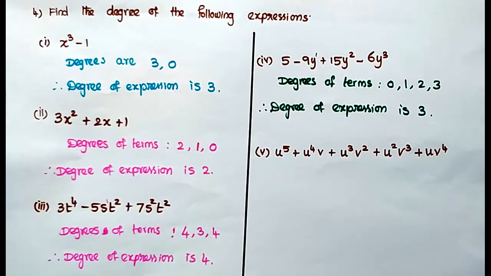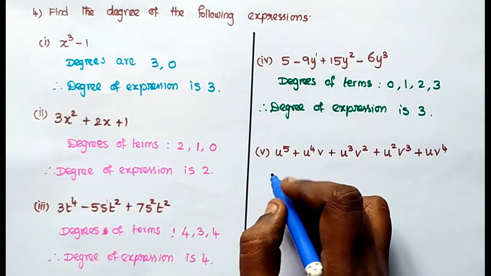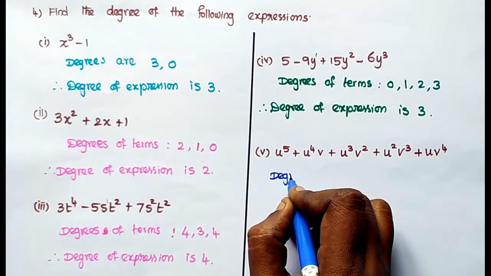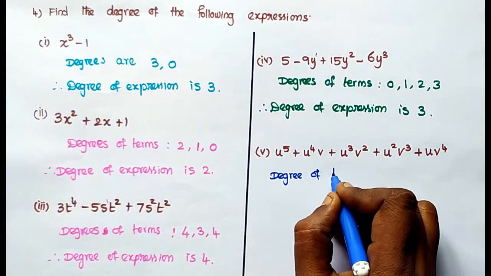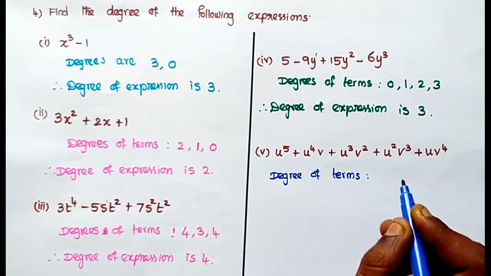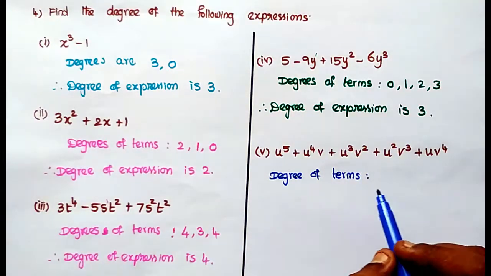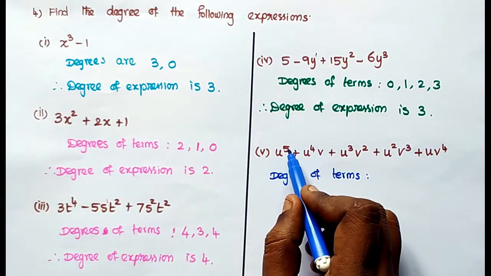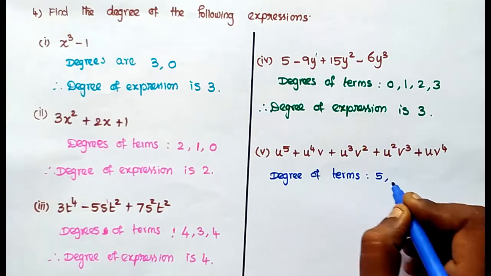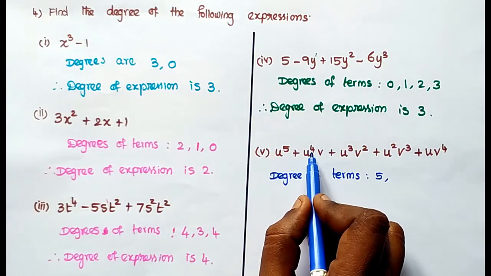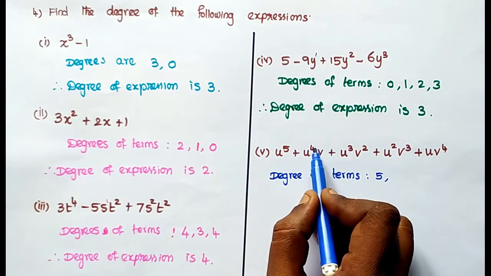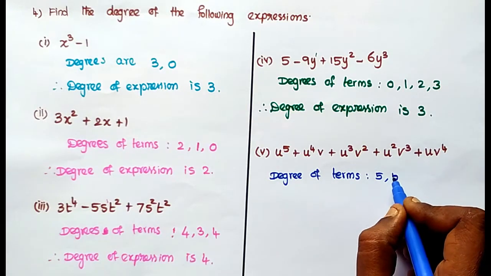Next one, degree of terms. Here how many terms? 1, 2, 3, 4, 5. 5 terms. So, first term 5 is the degree, second term here 4, here 1, so that is 5.